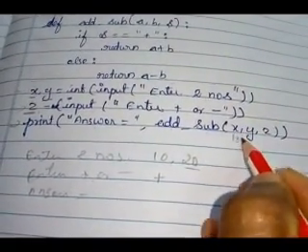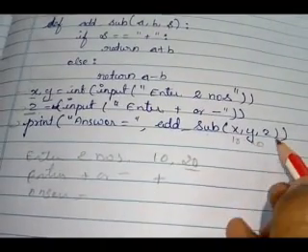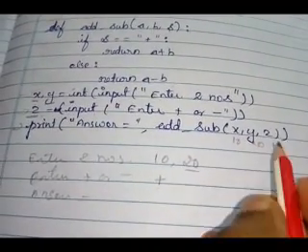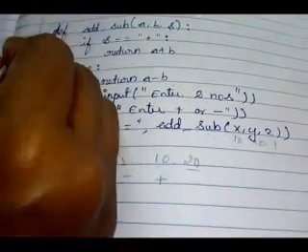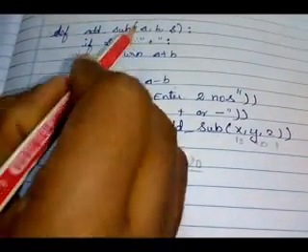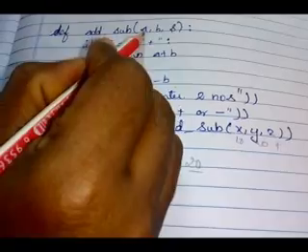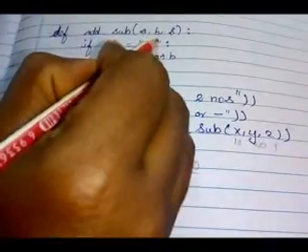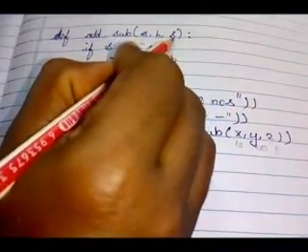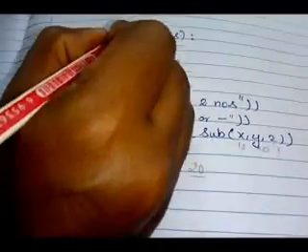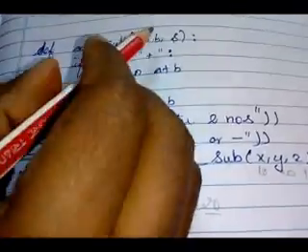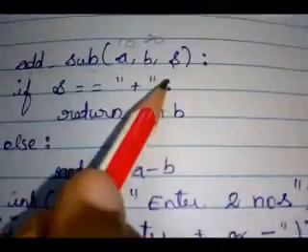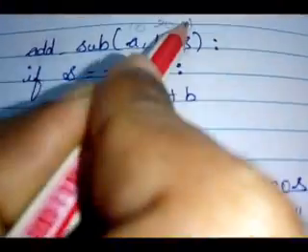X value is 10, y value is 20, z value is plus. So these values are passed to the function. X value is passed to a, y value is passed to b, z value is passed to s. So a gets value 10, b gets value 20, s gets value plus.